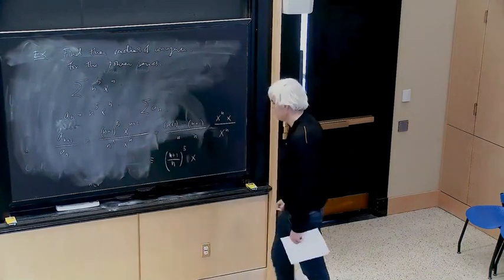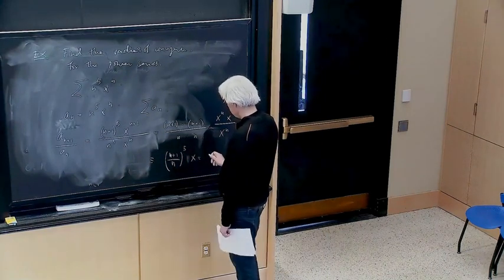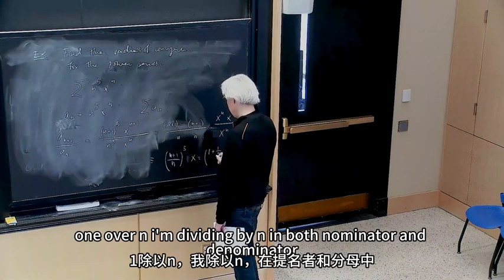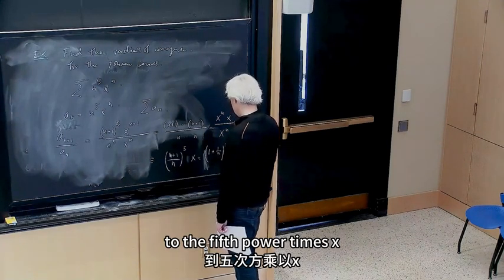Dividing by n in numerator and denominator, you can write it as (1 + 1/n) to the 5th power times x.